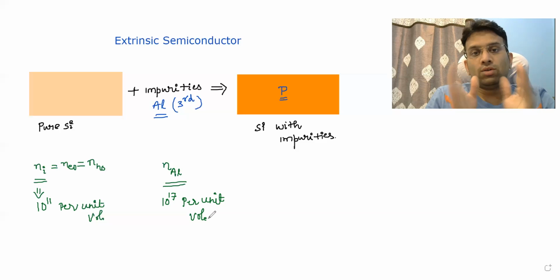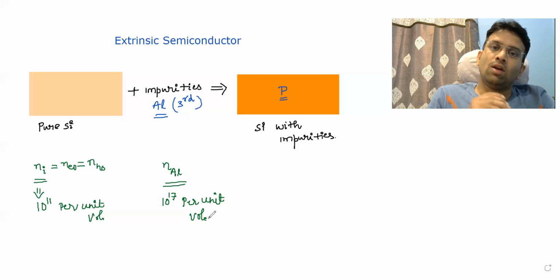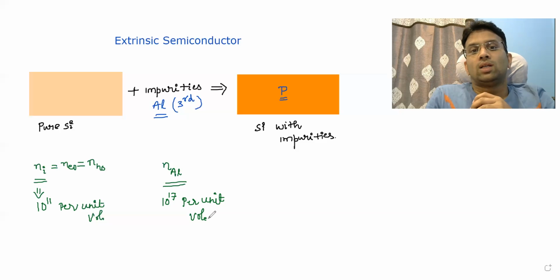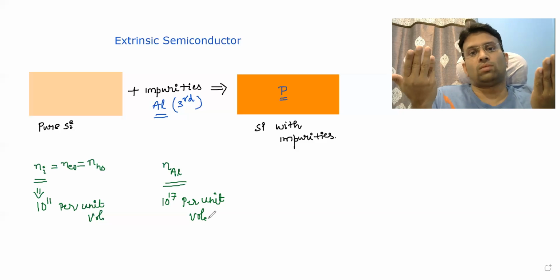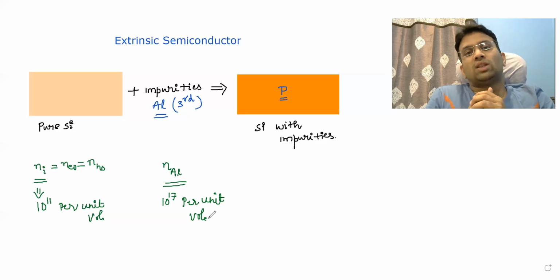Now in every unit volume we have added 10 to the power of 17 aluminum atoms, and every aluminum atom causes a hole. Because of this, you have 10 crore holes generated per unit volume. Now you see 10,000 crore and 10 crore. When you add 10 crore to 10,000 crore, it's a simple calculation.